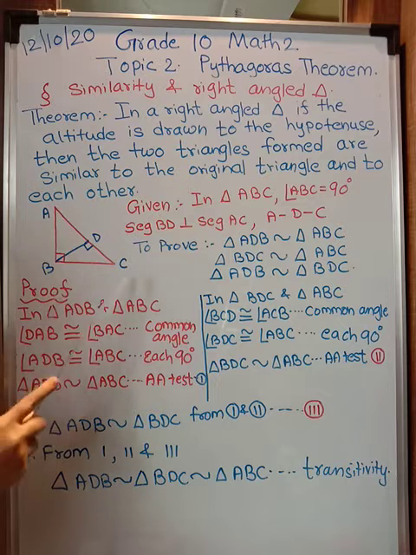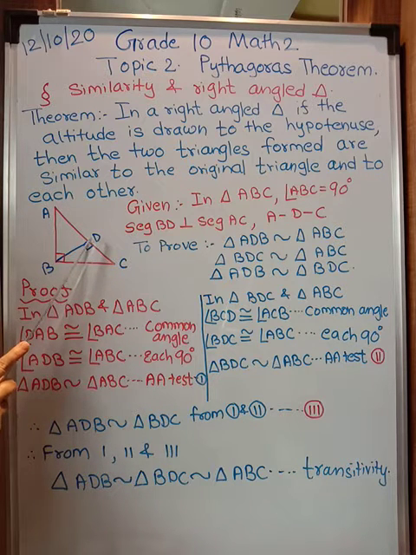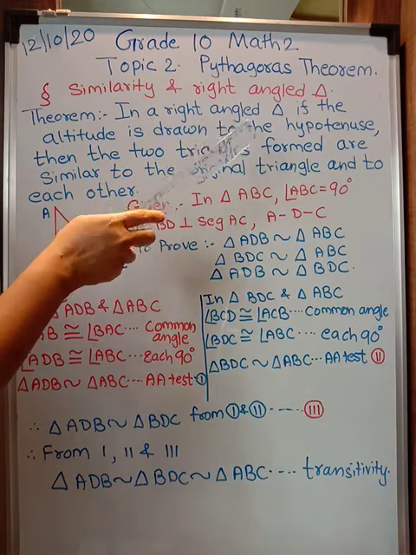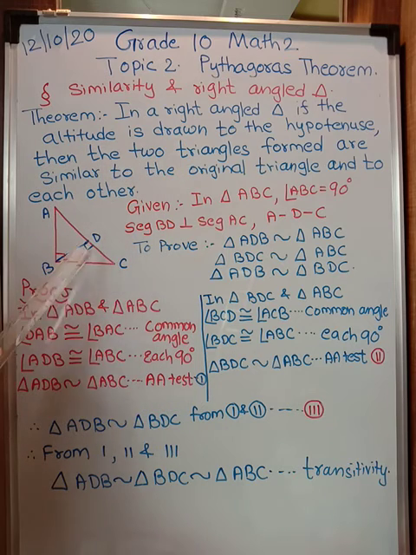So if in a right angle triangle you draw an altitude on the hypotenuse, then the three triangles formed are similar to each other. It is as simple as that. In a right angle triangle, if the altitude is drawn to the hypotenuse, then the two triangles formed are similar to the original triangle and to each other. Or in short, all three triangles are similar to each other.